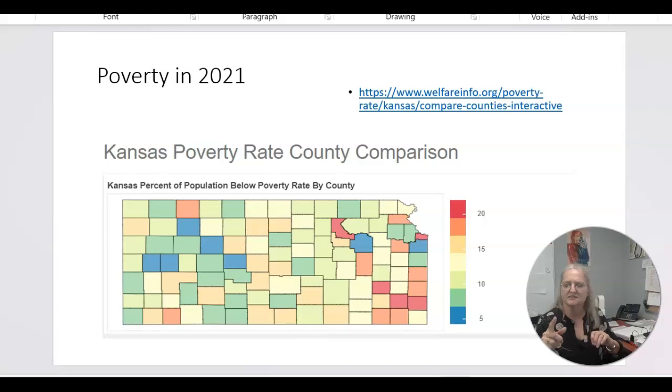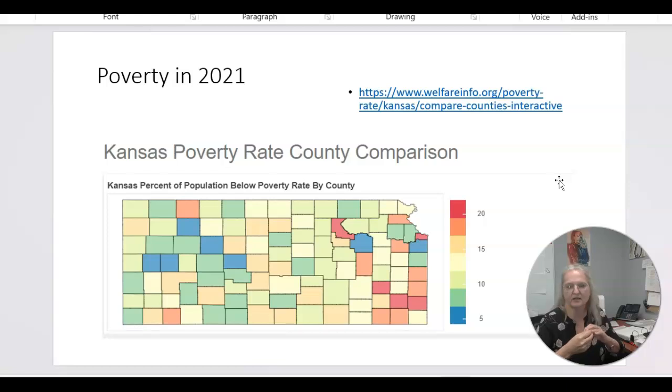I tried to update this map, but I could not find an update. Chances are the pattern is pretty much the same. But what it is intended to reflect is the percentage of poor people per county. I live in Riley County, which has one of the darker colors. We have a higher poverty rate, and that sometimes is reflected in the number of people who are students and earning low wages.